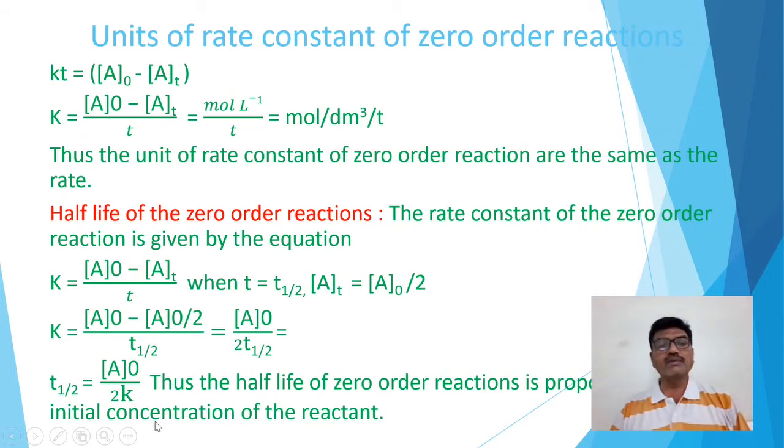As we saw in first order reaction, half life is independent of the concentration of the reactant. Here the half life of zero order reaction is proportional to the initial concentration of the reactant, as shown by this relation.